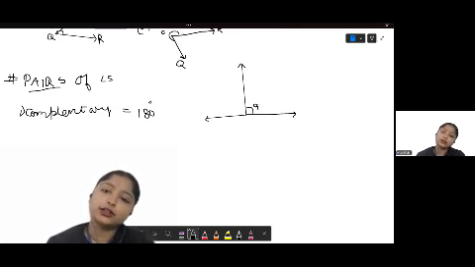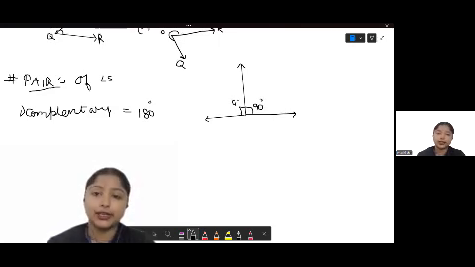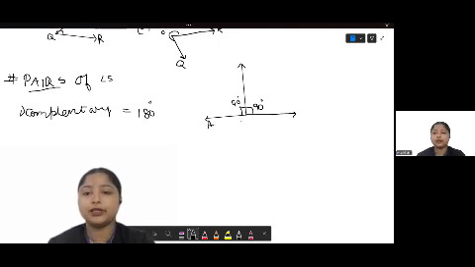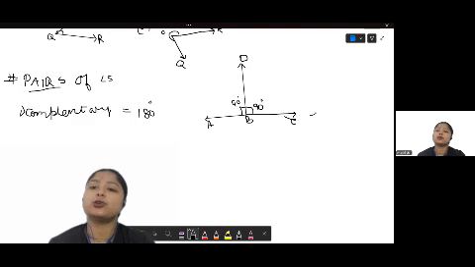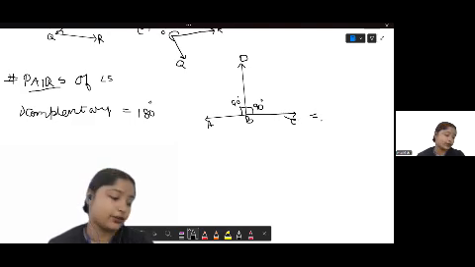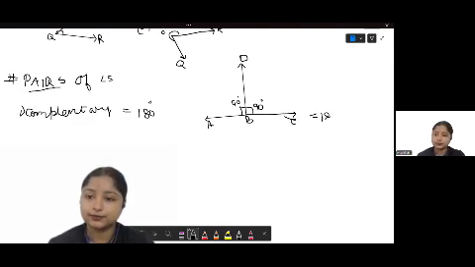But in total, what value is it making? That is 180 degrees. Exactly, right? Let's name them A, B, C, and D. So this gives us the total sum of 180 degrees.